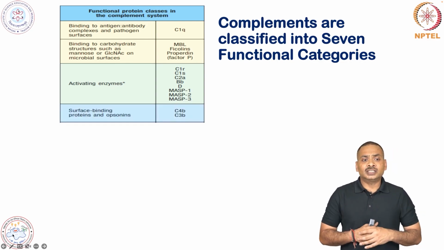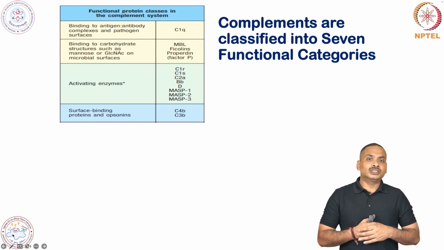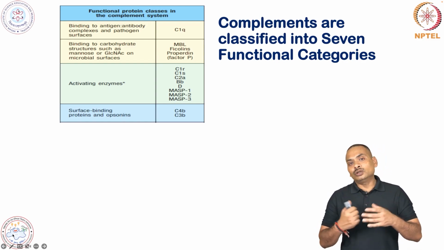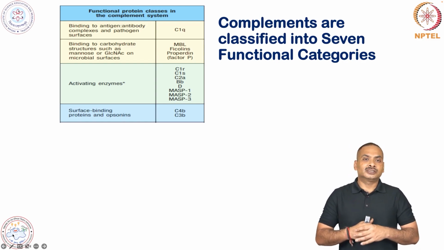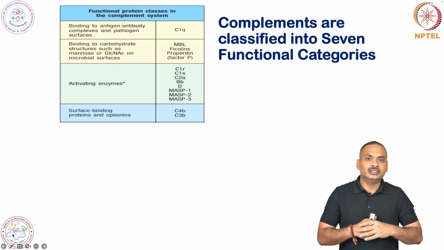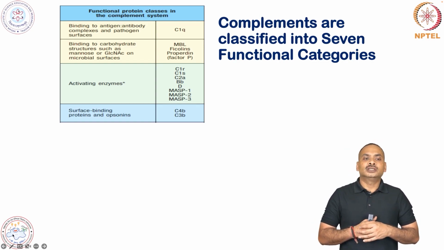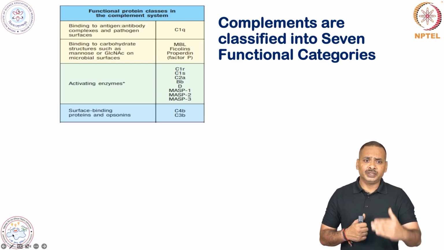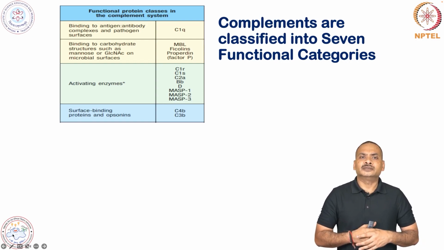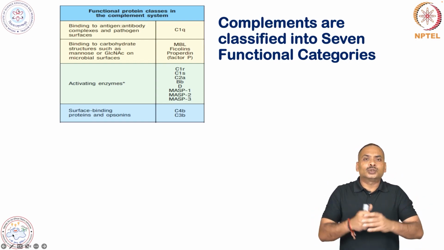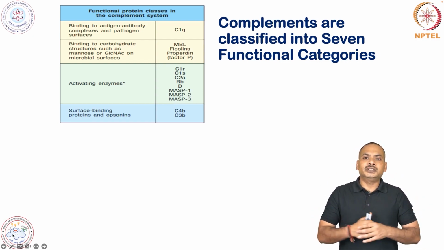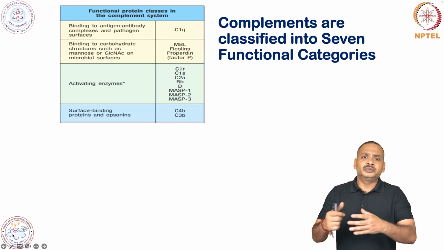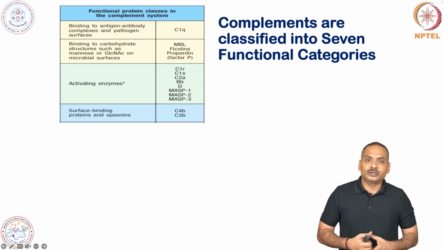Another is surface binding protein and opsonins. I have explained to you what opsonization is. So all those molecules which are involved in opsonization, we call opsonins. So these surface binding proteins and opsonins are C4b and C3b. So if a microbe is coated by C4b or C3b, then it will be readily phagocytosed.